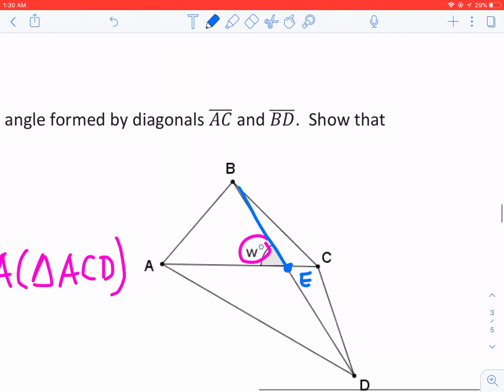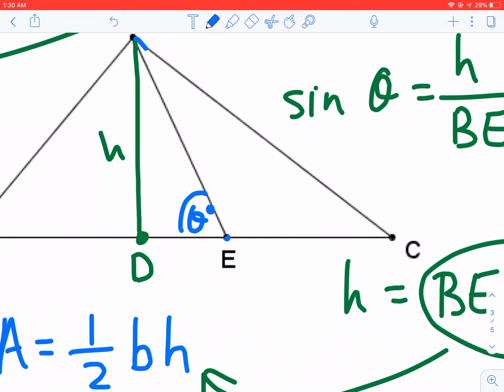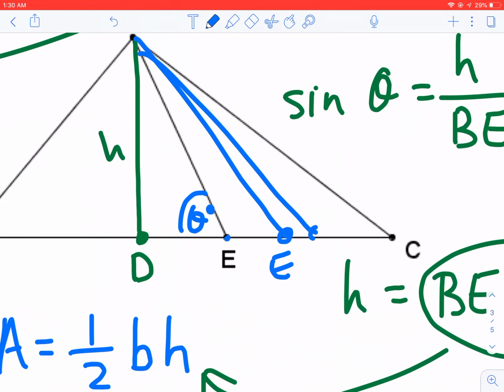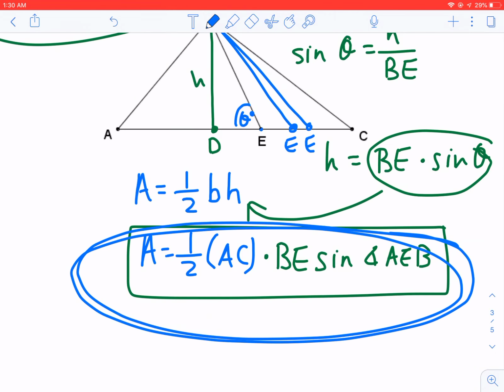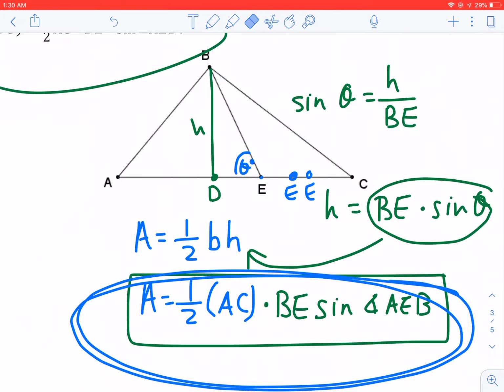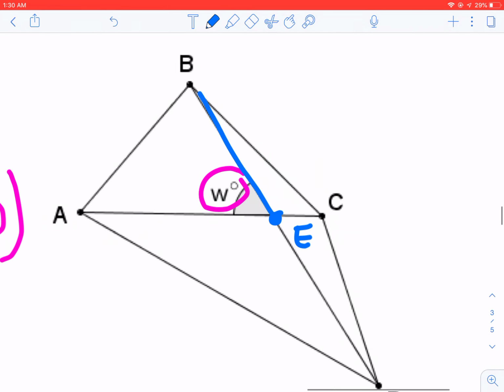Oh, and something I forgot to mention about this E. This E, by the way, could have been drawn anywhere, and this would still work, which I think is just pretty cool. So you will see that this is not dependent on where E is placed. Anyway, back to here.